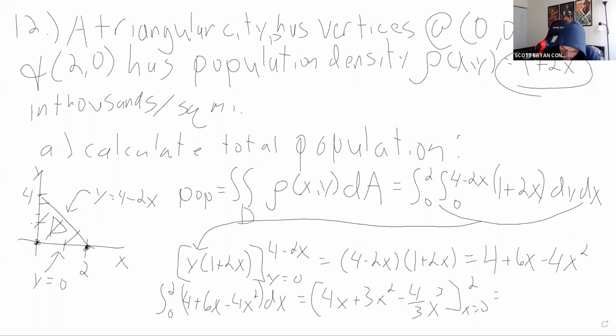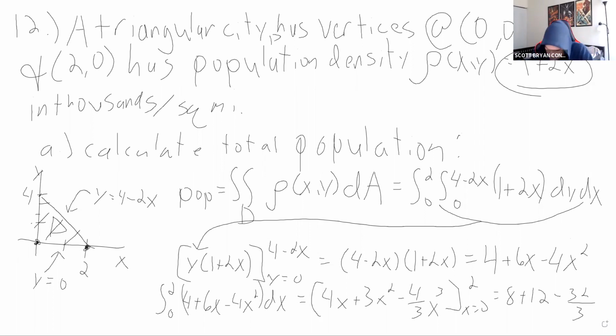So we get 8 plus 12 minus 32 over 3, so 4 times 8 over 3. So we get 60 over 3 minus 32 over 3. We get 28 over 3, which is not what I got, I believe.